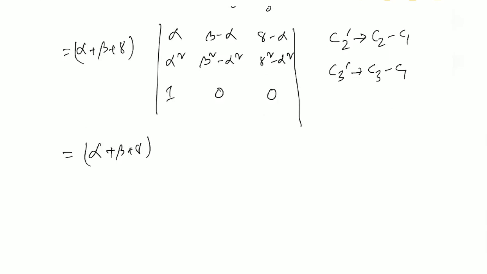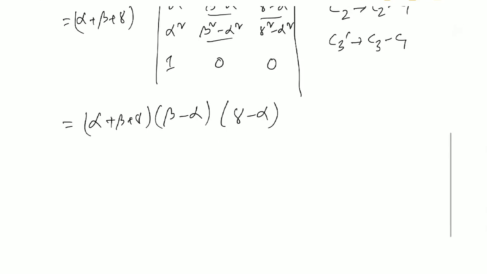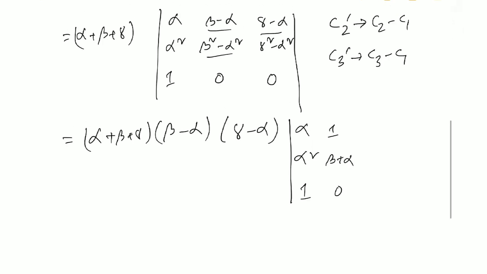If you are expanding along row 3, then you have beta minus alpha, and then alpha minus gamma minus alpha. You take common beta minus alpha from C2 and then gamma minus alpha from C3, so now you are left with this stuff and 1.